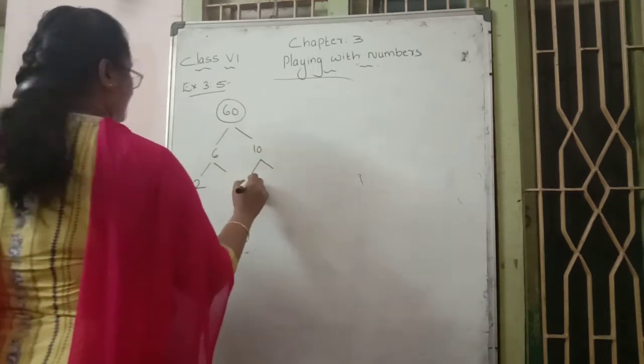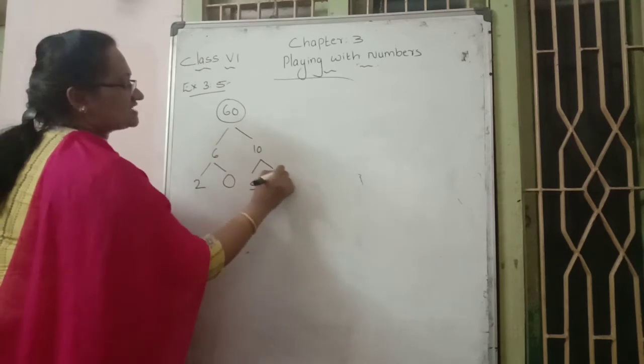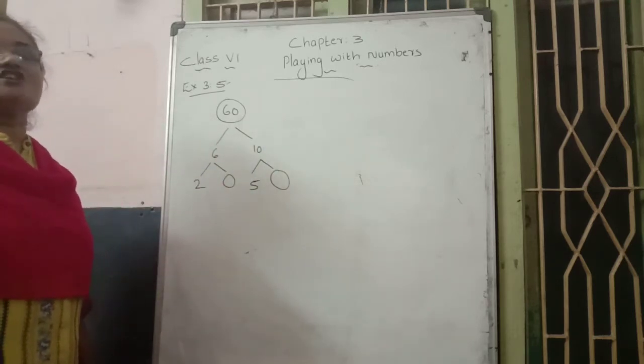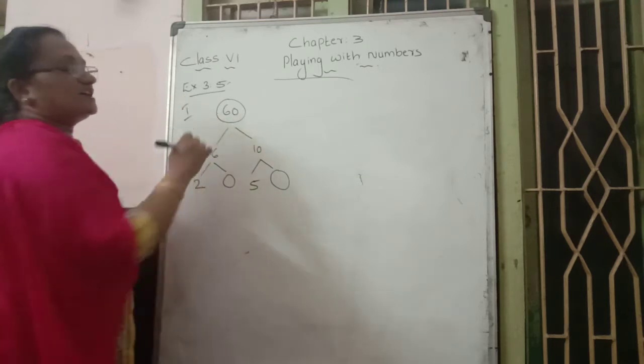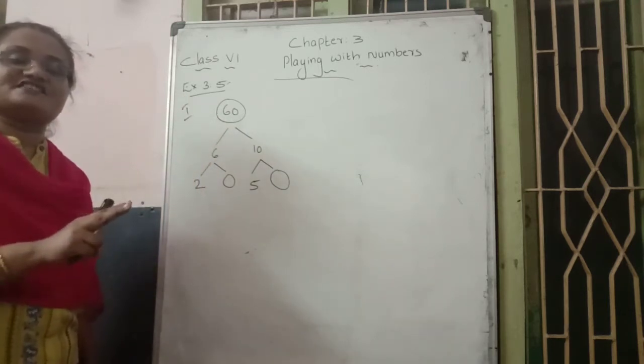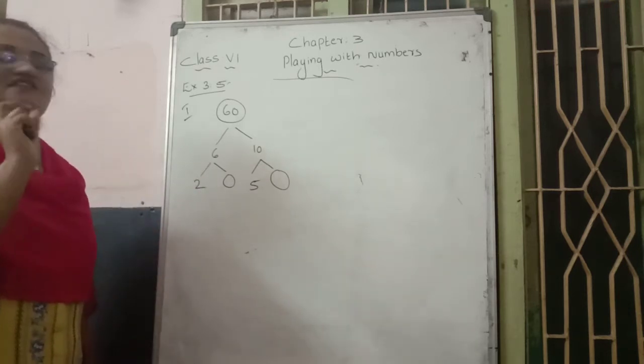They have given a 5 here. So this place number is missing. This place number is missing. Fill the missing place numbers. That is the meaning of the first question. They gave 60, and with the help of prime factorization we fill the missing numbers. That is the first Roman question.